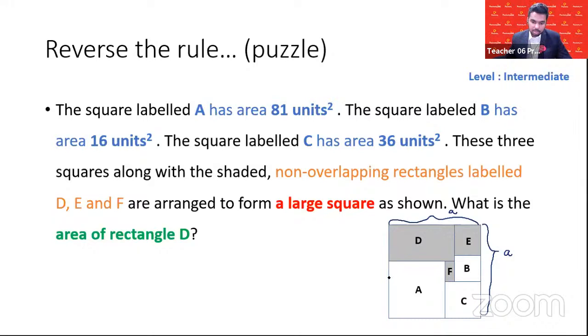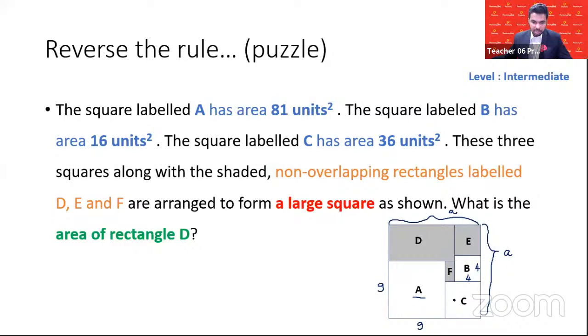Now this particular square labeled as A here has an area of 81, which means this side is going to be 9 and this side is also going to be 9, isn't it? For the square B, it has an area of 16. So this side is 4 and this side is 4.